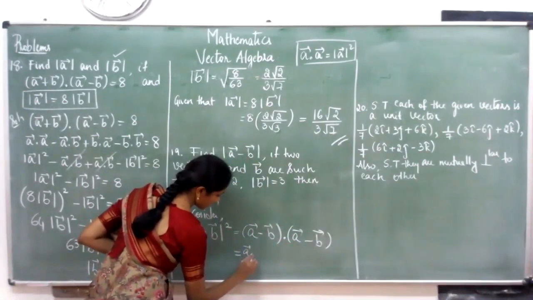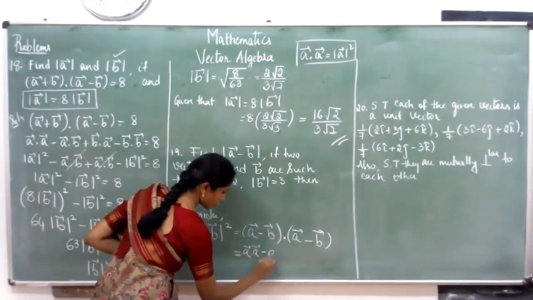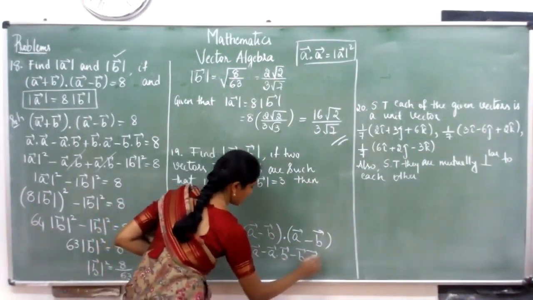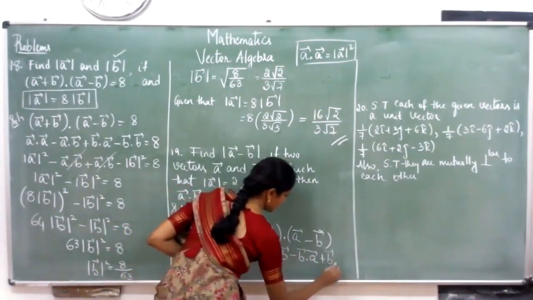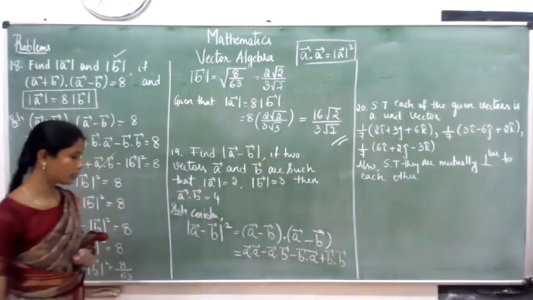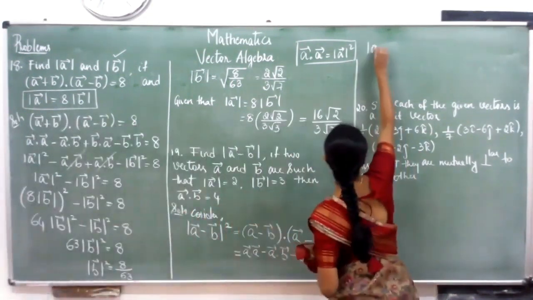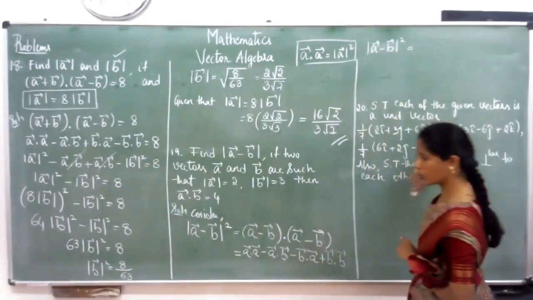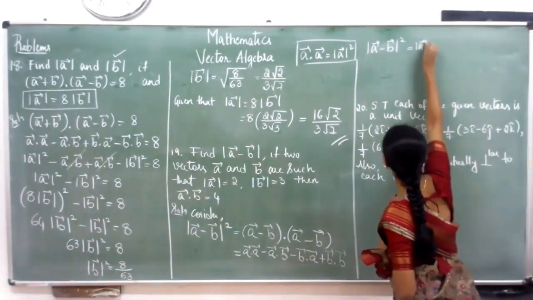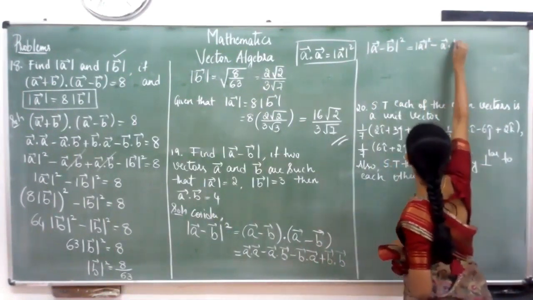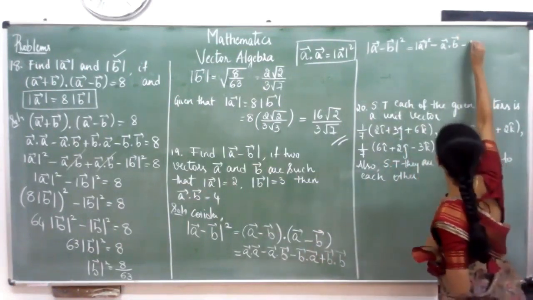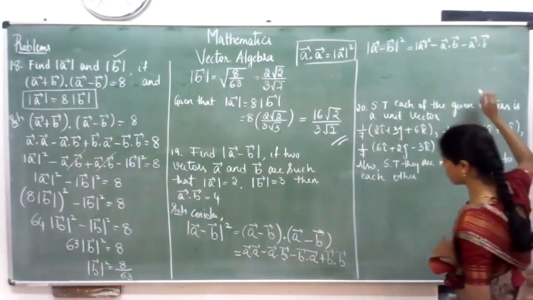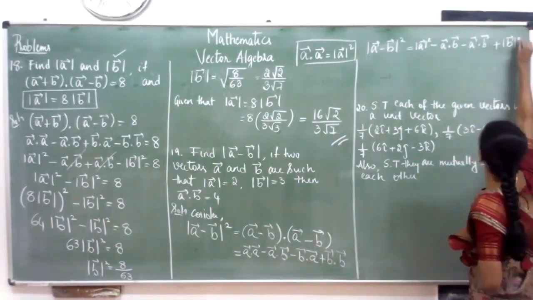So here we need to find the product between these two. This will be vector A dot vector A, then minus vector A dot vector B, then minus vector B dot vector A, then minus into minus plus vector B dot vector B. Further simplifying, the magnitude of vector A minus vector B the whole square is equal to the magnitude of vector A whole square minus vector A dot vector B, then minus vector A dot vector B again, because of the commutative property, plus the magnitude of vector B the whole square.